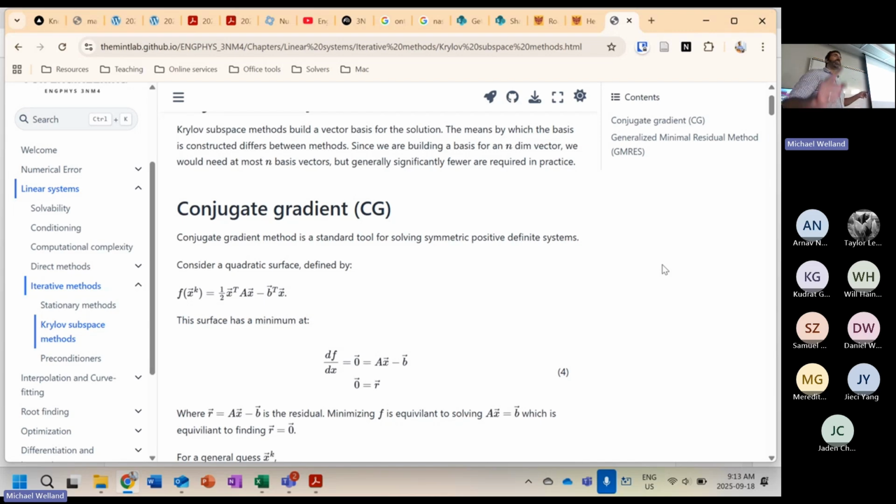So what that means is that for an n-dimensional problem, you need at most n basis vectors. But generally speaking, if you're doing something halfway intelligent, you're going to need a lot less. And that's the magic. That's why these things are the go-to for it, right? It's like a Taylor expansion, kind of. It's not like a Taylor expansion.